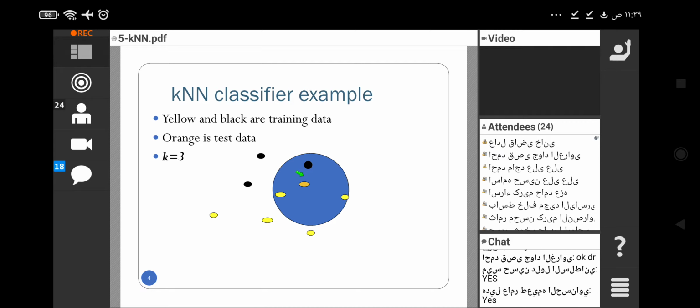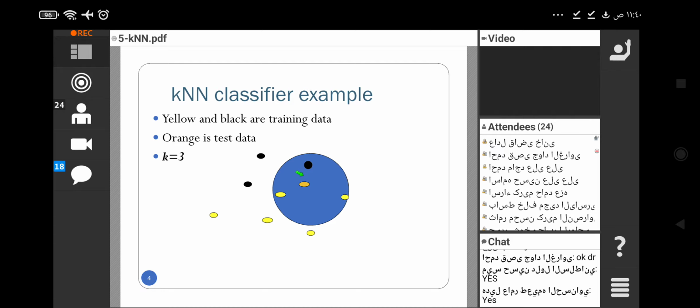So this is the KNN classifier. It is classifying the data based on the neighbors of the test data, and it's very simple, but it is time consuming.